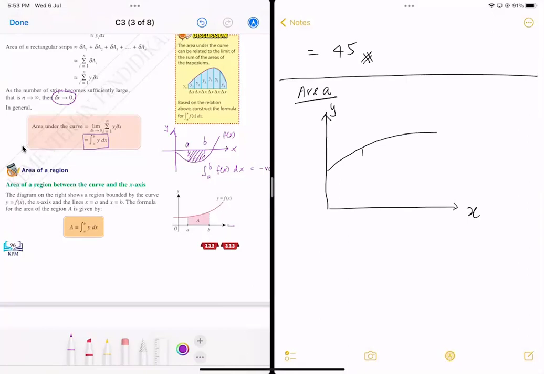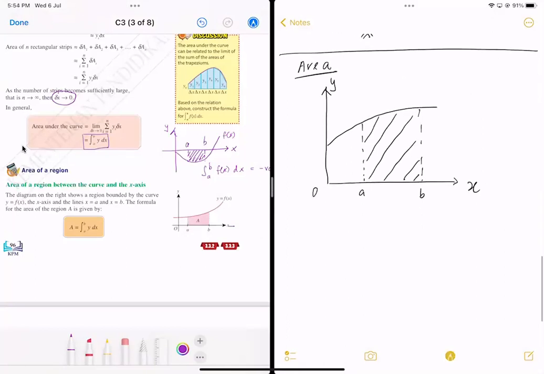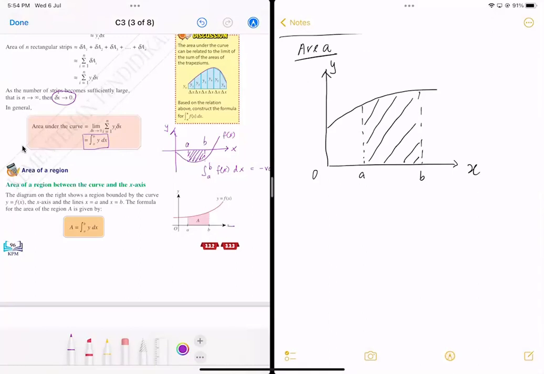And I want to find the area between A and B. The area will be between the axis and the curve. So that means the area shaded is actually the integration from the lower limit, which is A, to the bigger limit, B.